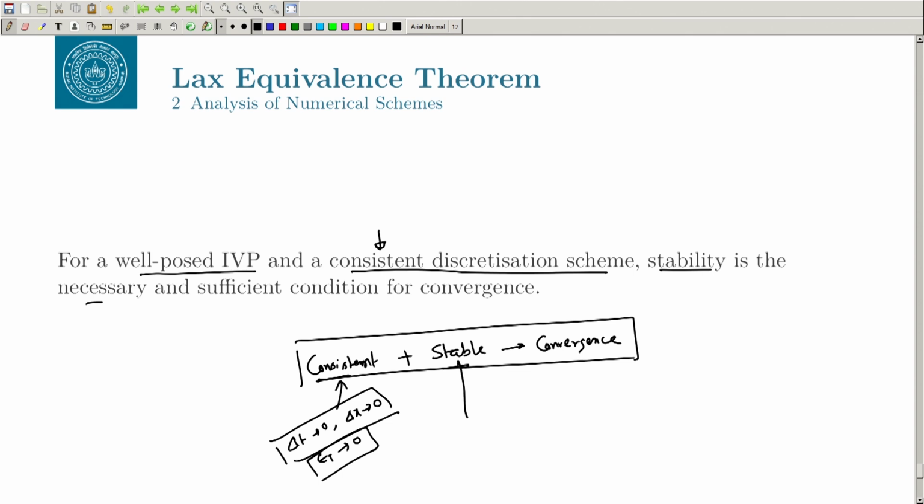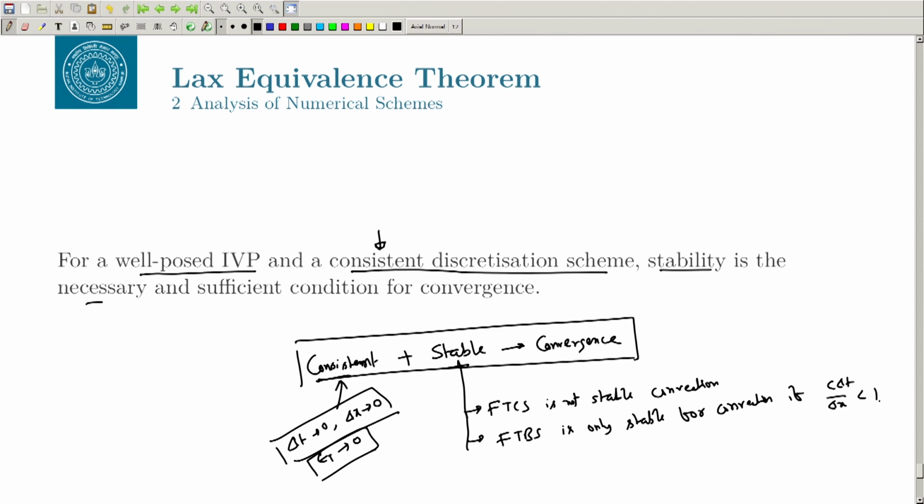For example, FTCS is not stable for convection. Also, FTBS is only stable for convection if C delta t by delta x is less than 1.